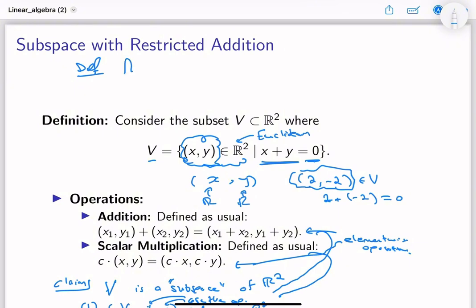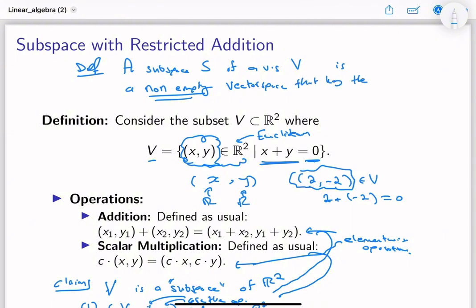A subspace S of a vector space V is a non-empty vector space, this is the first thing I didn't mention above, that has the same operations as V. This is the second thing I didn't tell you about.